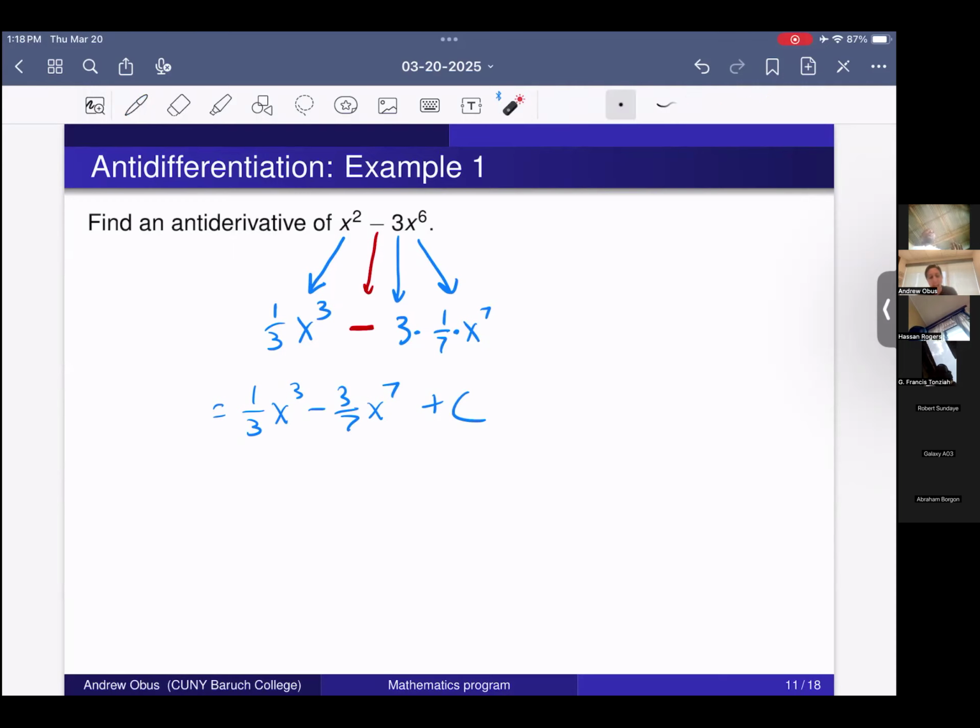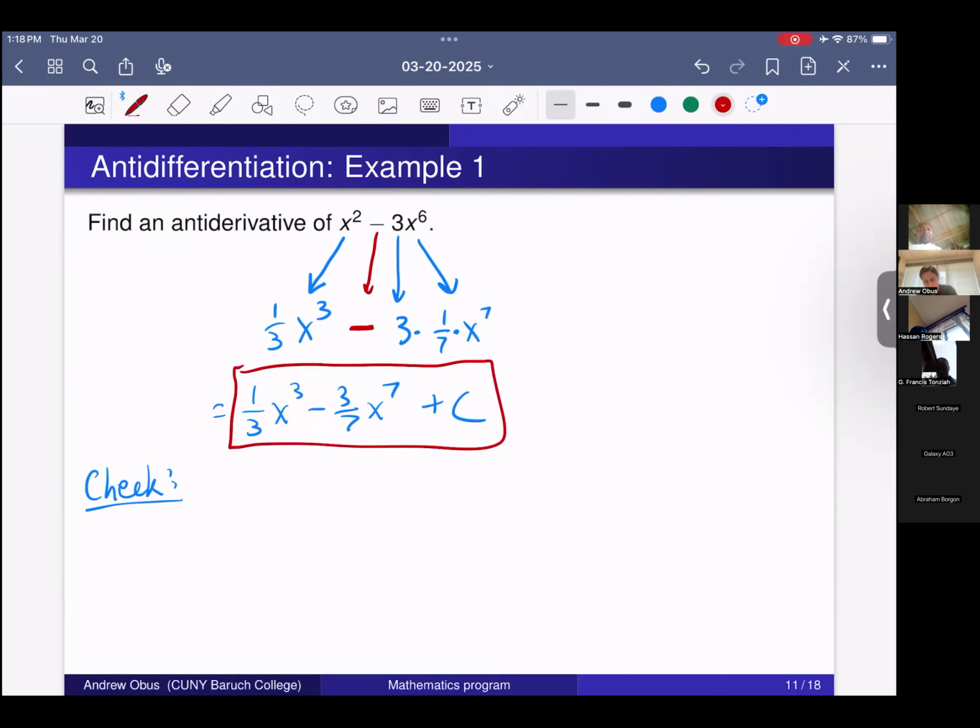Although the question just asked for an antiderivative, so it's okay to leave off the c because you want just some antiderivative. So this is the answer, but let's check.